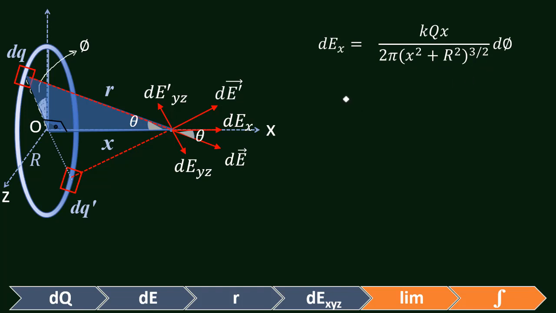So now all we need to do is put this in an integral, define limits properly, and we're done with the problem. How do we define these limits? Our integral is over the angle phi. So now I have to go to my coordinate system and see what this phi corresponds to when I'm scanning my line charge.